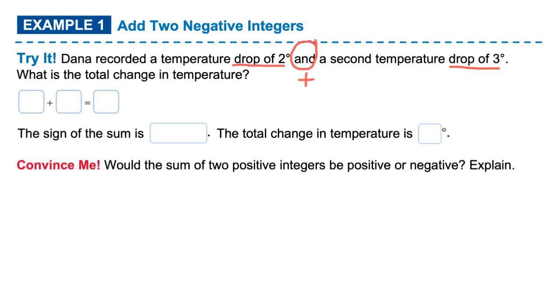What is the total change in temperature? I want you to fill in the first drop, the second drop, and see if you can come up with the answer. Fill it in there. Fill it in there. Pause the video until you have an answer and then come back and check with me.